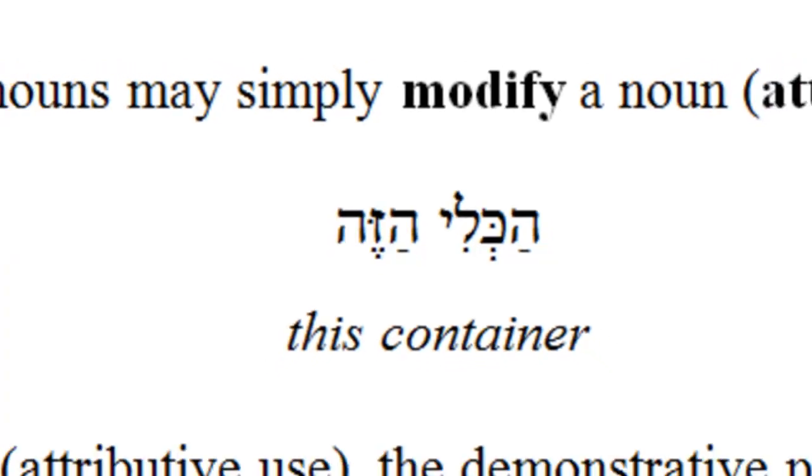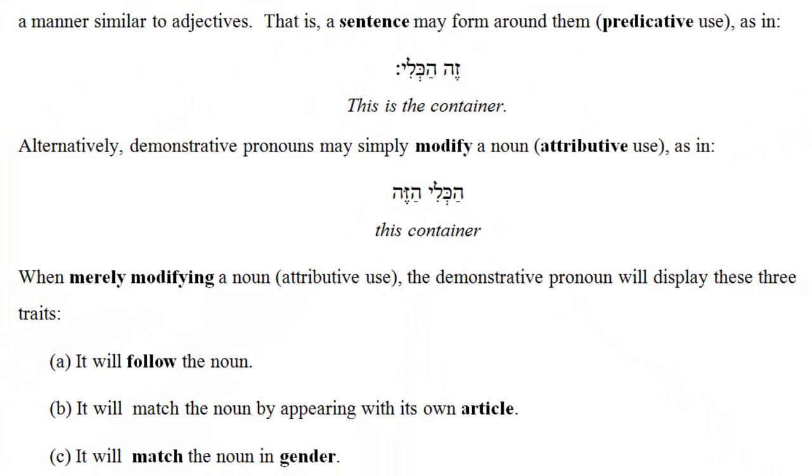Hakali hazeh, this container. Please notice carefully the three parts that govern how a demonstrative pronoun in this usage, merely modifying it, merely making a description, not making a sentence. Notice these three principles which will guide us for correct use in forming these sorts of descriptions.